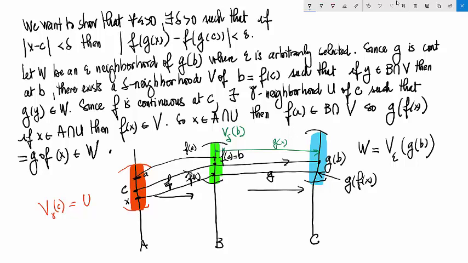So indeed, if you give me any g of b, which for us here is really just g of f of c, and you give me some epsilon neighborhood around g of f of c, I can find a gamma neighborhood around c, such that if x is inside this gamma neighborhood of c, then automatically g of f of x will be inside the epsilon neighborhood of g of b. All right.